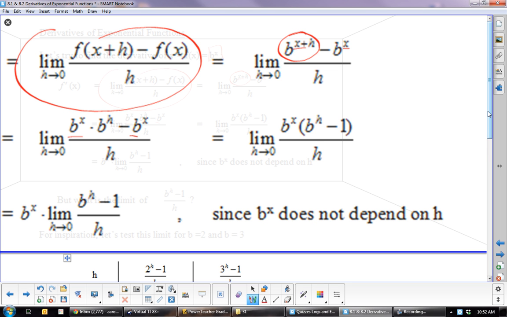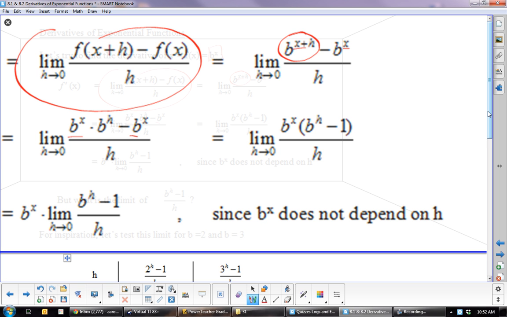Since this is saying that if you put in any b, you can use this, the derivative of b to the x will be b to the x times the limit.